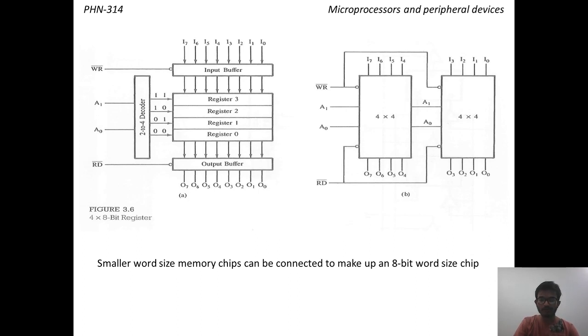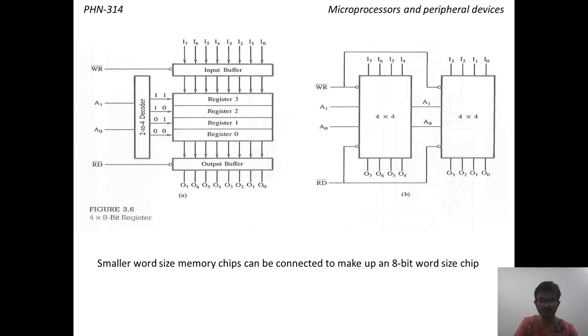However, two more input lines, A1 and A0, called address lines, are required by the decoder. These two input lines can have 4 different combinations, 10, 11, 01 and 00, which are shown on the screen in the left-hand side figure. Each combination can identify or enable one of the registers named register 3, 2, 1 or 0.